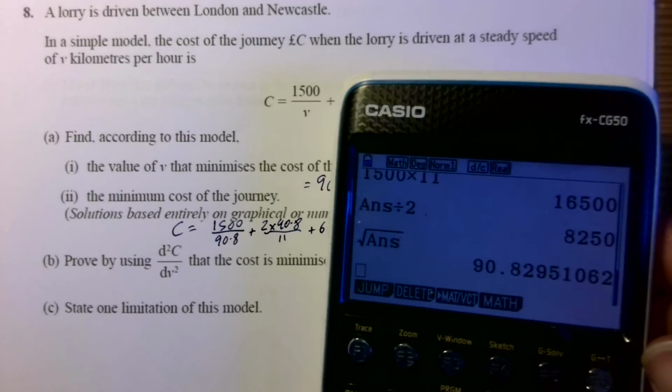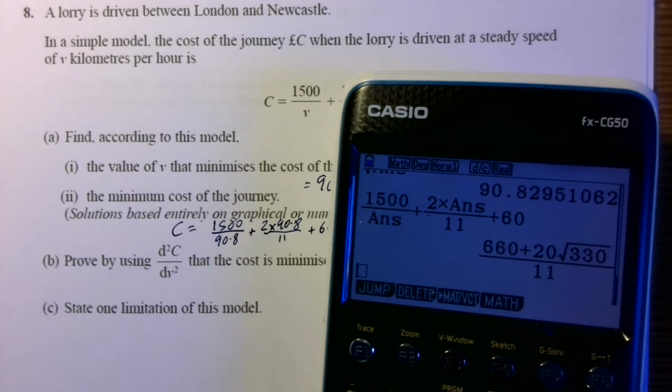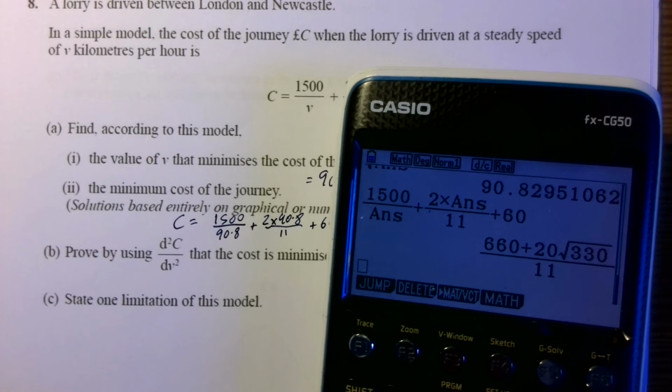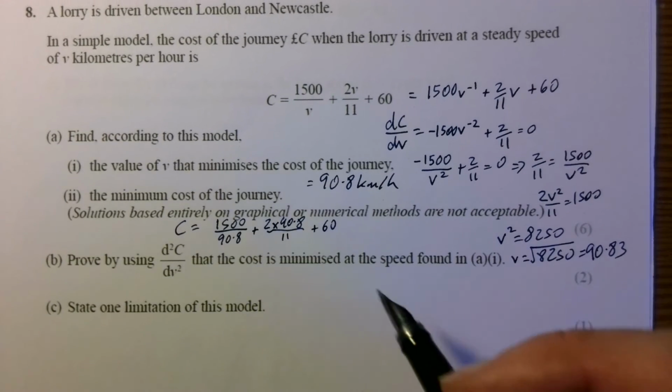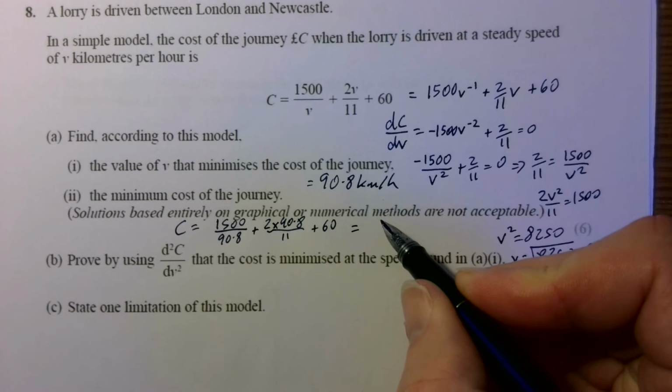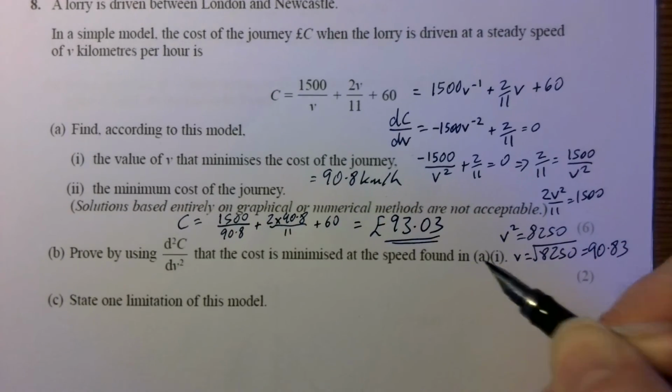So I whack that into the calculator like this, over shift ans, plus 2 times, use the ans key again, over 11, add 60 to that, bish bash bosh, there's our answer, which S to D will tell us 93.028, and that time we do need to have it to the nearest penny, don't we? £93 and 3 pence.